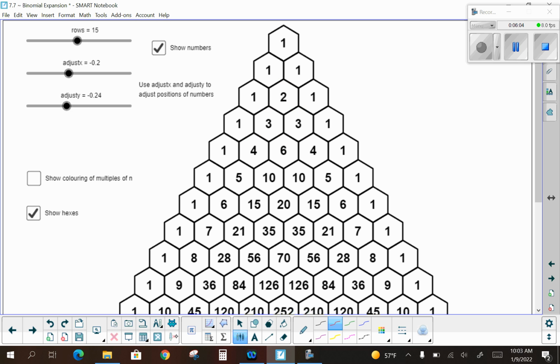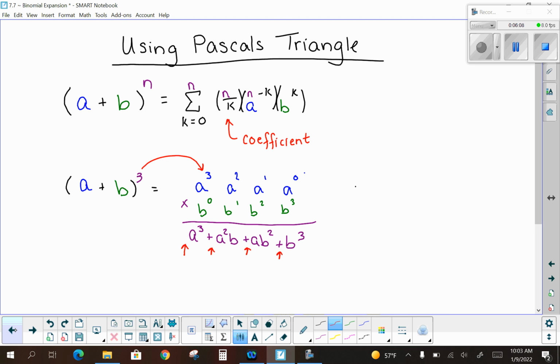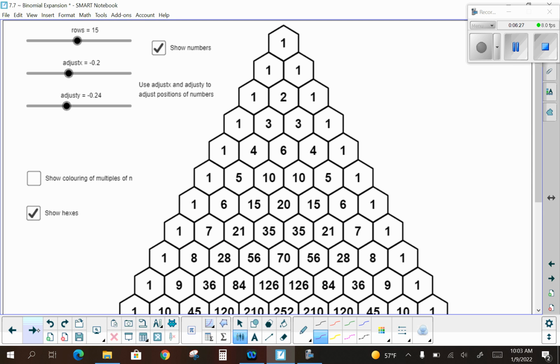So if we look at our previous answer here, we're going to notice that this answer has 4 terms in it. 1, 2, 3, 4 terms. So what we need to do is go to the row of Pascal's triangle that has 4 terms in it.